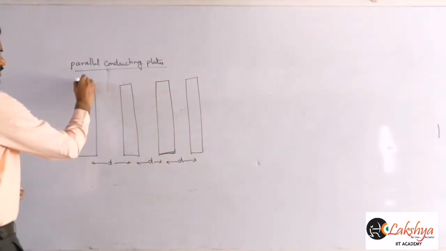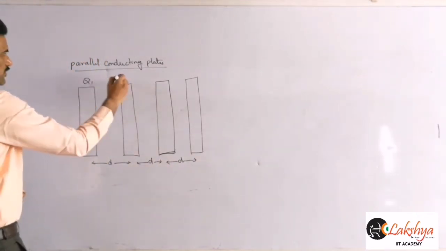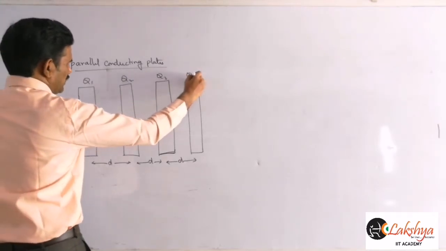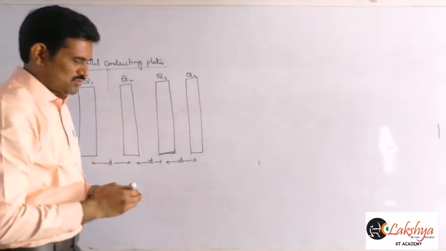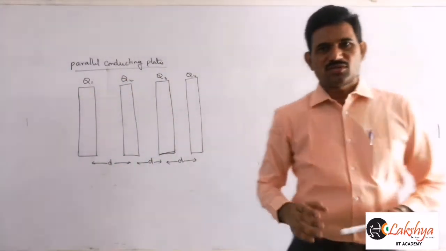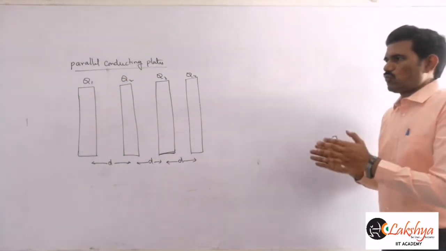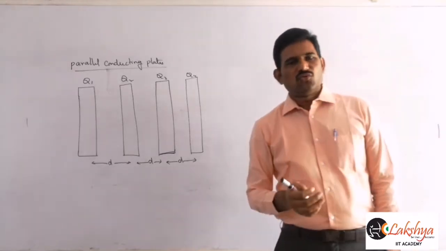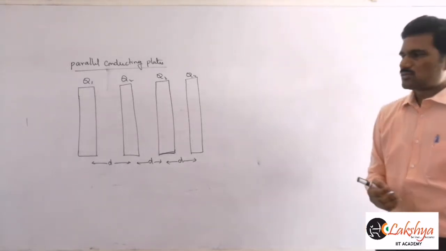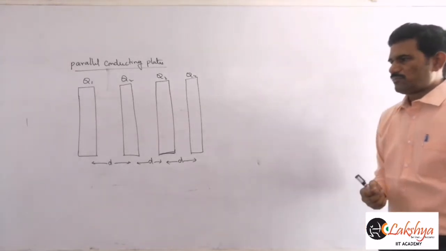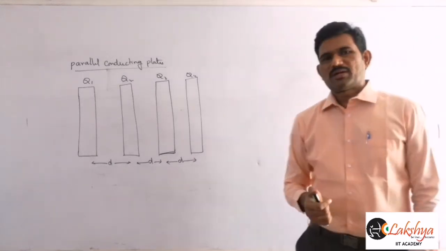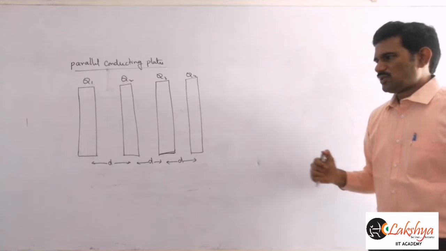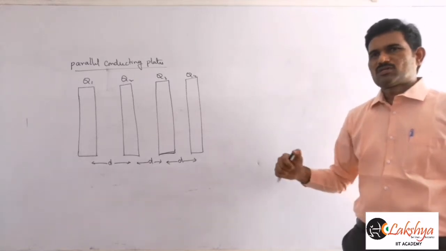I am assuming capital Q1, capital Q2, capital Q3 and capital Q4 are the charges given to those plates. So just mention that: consider 4 identical large conducting plates placed parallel to each other at equal separation d as shown.